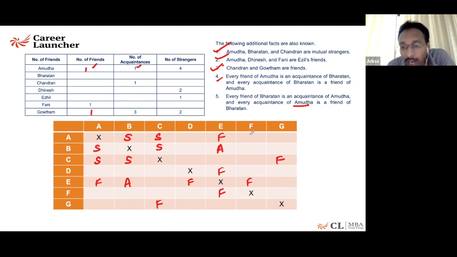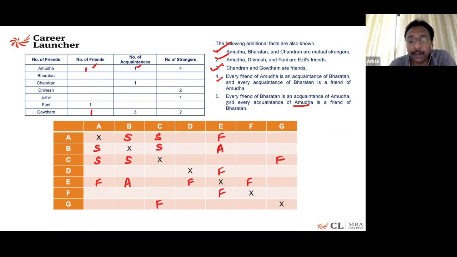Now I'll start with F and G here. A, this cannot be friends, because there's only one friend. These two cannot be friends. Now, if it's an acquaintance, again, there could be one acquaintance. If A is an acquaintance of F, I will get Bharatan is a friend of Amuda.